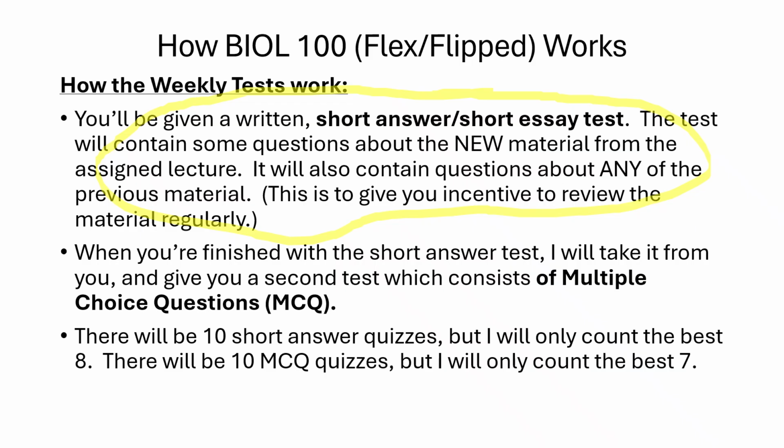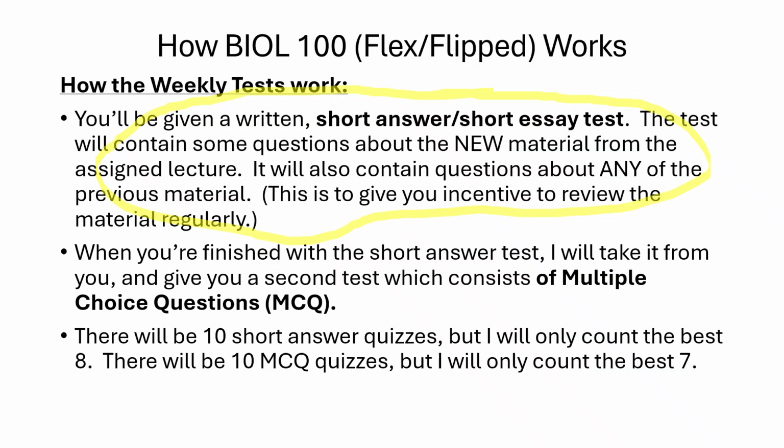So the first would be an example of a short answer question that you can answer in one or two words, and the second would be an example of a short essay question if you can answer it in one or two paragraphs, right? So I'll give you that, and then we'll take a certain amount of time to do it. And then when you're finished with that, you put your hand up, I take it away from you, and I give you the multiple choice quiz, which comes next.